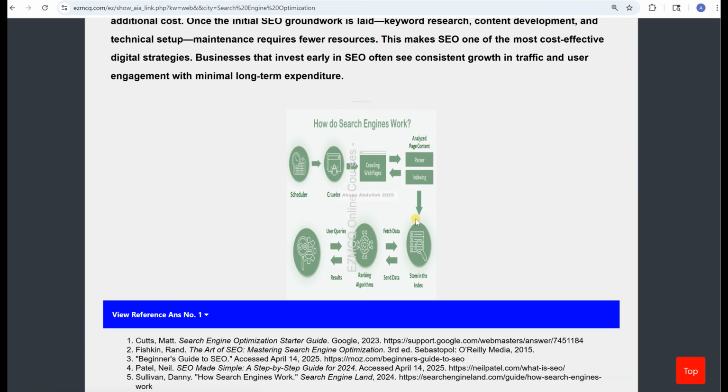So this helps the search engine to improve the understanding, to get to know the relevance, and how the users are going to experience it. So basically that contributes to organic traffic. That's the benefit. All right.